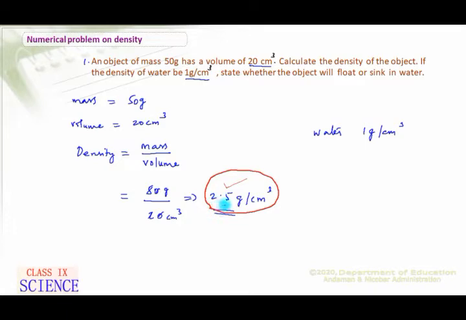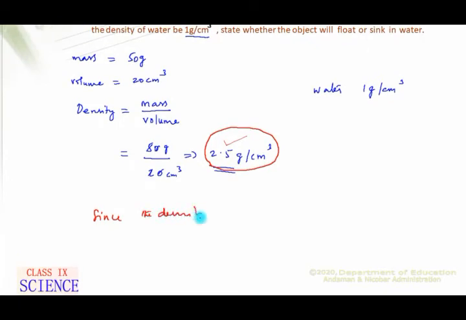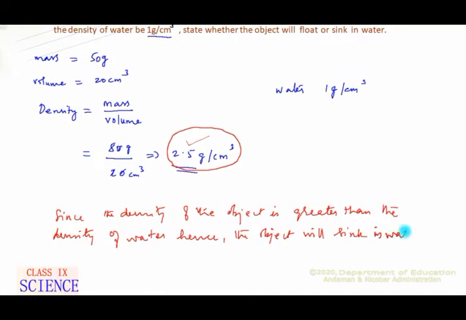If the density of the object to be immersed in water is less than the density of water, then it will float, but here the density is more, so the object is likely to sink in water. So we can write: since the density is more, the object will sink in water.